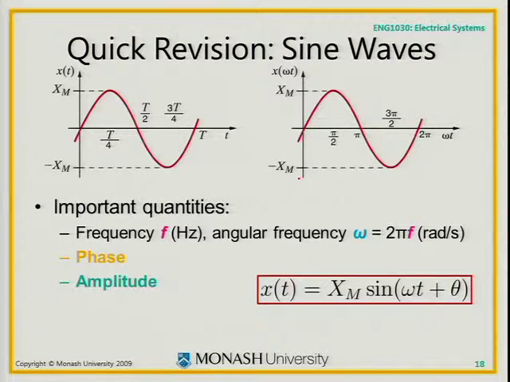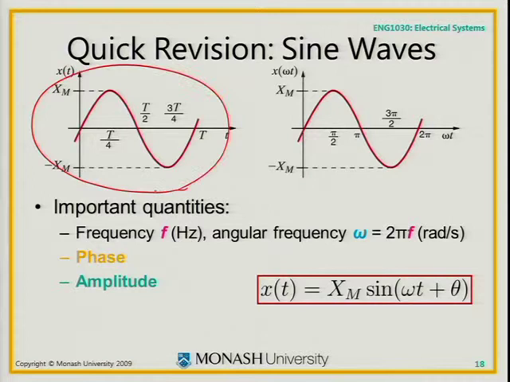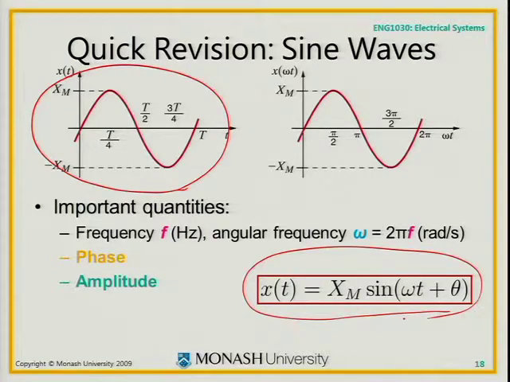All right, quick revision on sine waves, just to make sure we know a thing or two about them. So this is a sine wave. It has this form down here in the red box. XM is what? Amplitude. Theta is what? The phase. So we've got XM, the amplitude, theta, the phase.